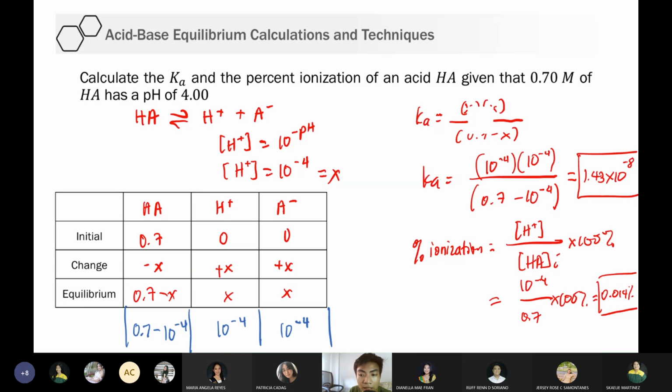Pwedeng pH yung ibigay, kunin mo yung H+ doon. Pwedeng ang ibigay ay percent ionization, kunin mo rin yung H+ doon using this equation. And also, pwede rin yung pOH. Convert mo siya to pH, then kunin mo yung H+ doon. Okay? So, as long as they are mathematically related, kaya siya sagutan. Diba?